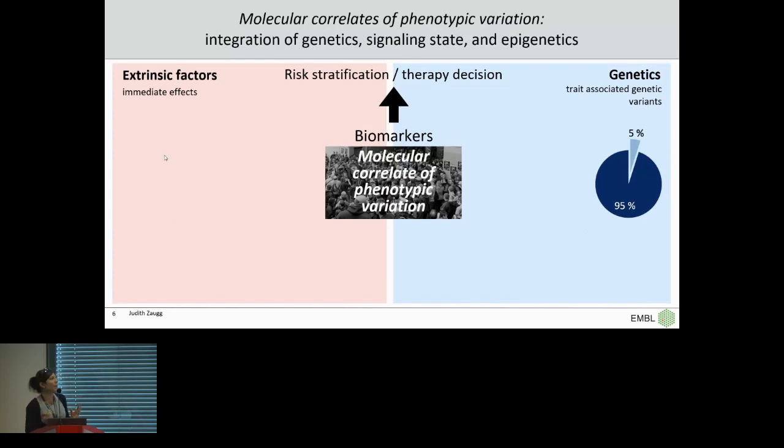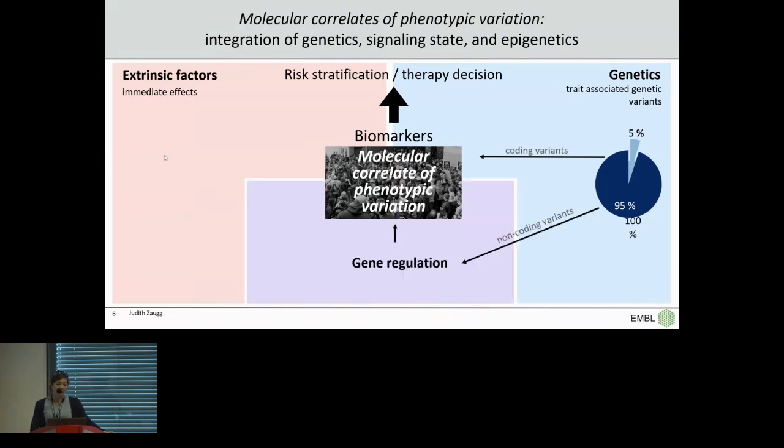And if we now think about what is driving these molecular correlates of phenotypic variation, and we go back to these genetic and extrinsic factors, when we think about the genetics, I think we can say the coding variants may have a direct effect on these molecular correlates. But when we look at the non-coding variants, we already see that they may act through gene regulation.